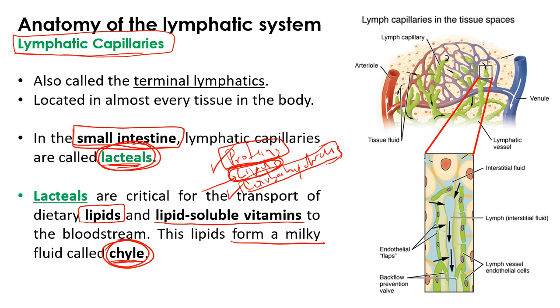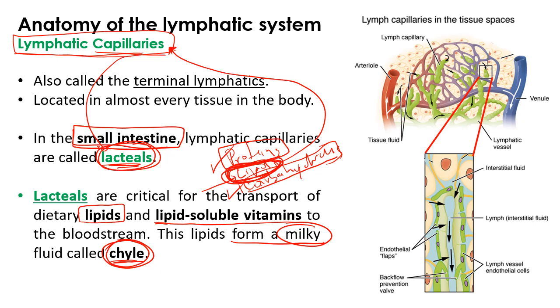So we cannot absorb the lipids from the diet directly into the capillaries, into the blood. Instead, in order to absorb those lipids from the diet, we use the lymphatic system, and specifically the lymphatic capillaries that are in the small intestine, which receive the name of lacteals. Remember, the fat is white, and that's why it turns this interstitial fluid into this milky fluid.